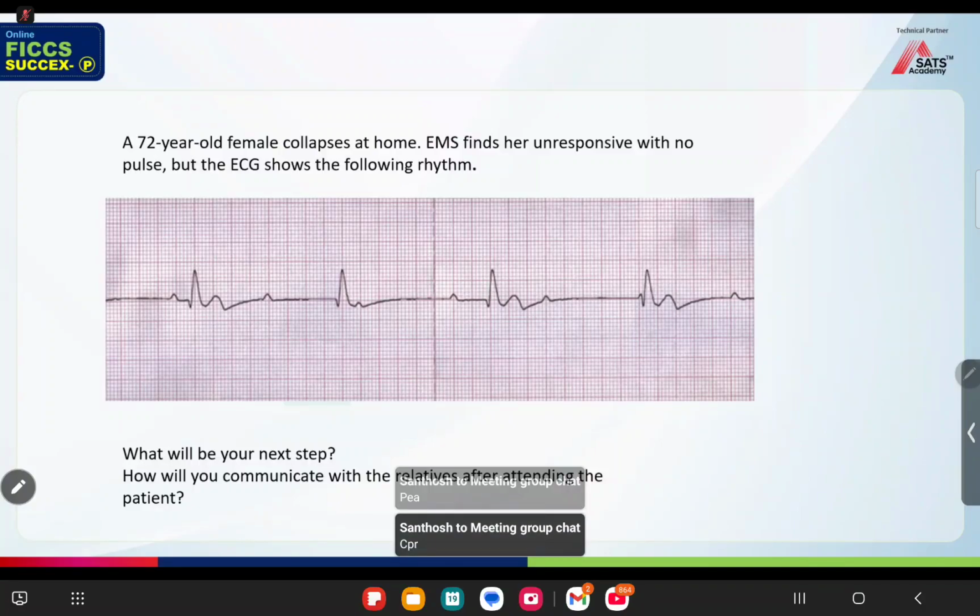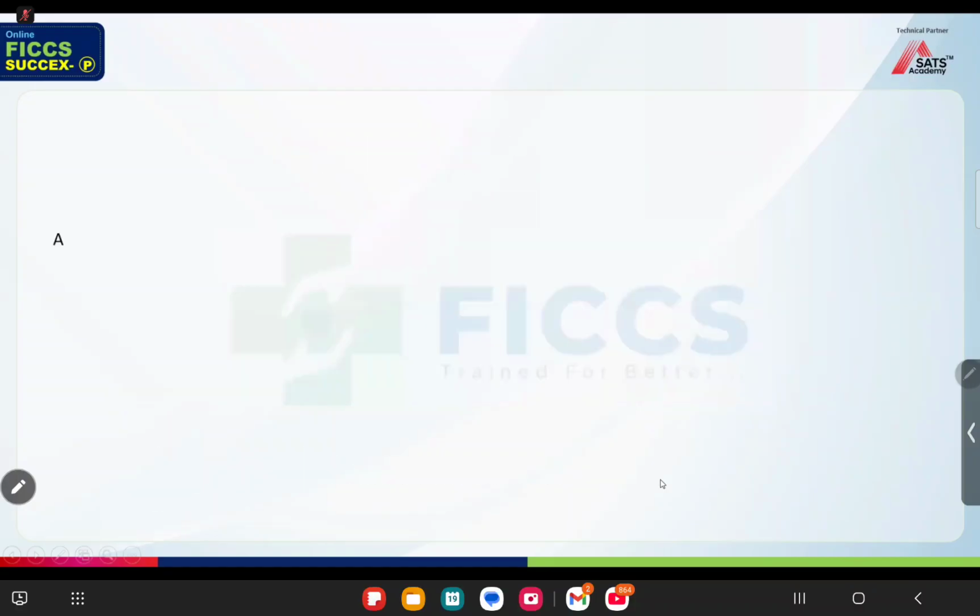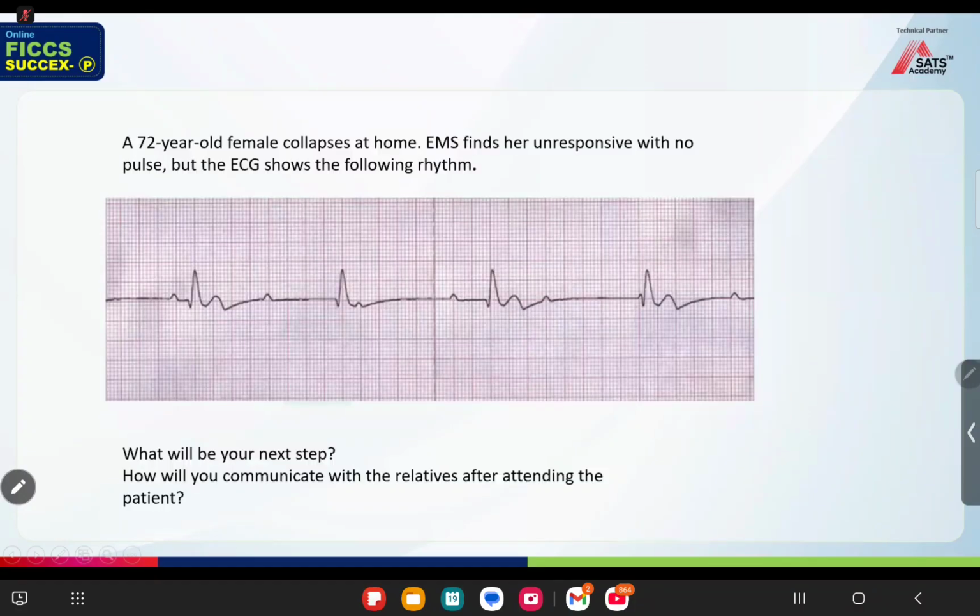And communication with the relatives? Along with the CPR and ongoing resuscitation, will communicate with the relatives in their local language, and will explain to them that as she is a 72-year-old female, she might have had a sudden cardiac arrest at her home.